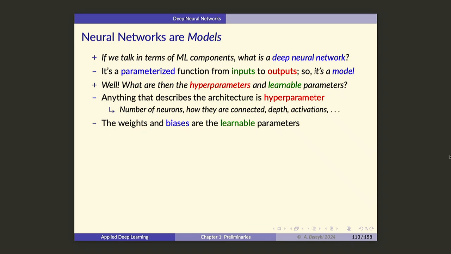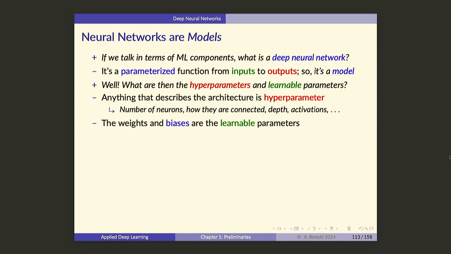What is the width, the number of neurons within every single layer? It's again your choice, so it's a hyperparameter, right? So these are now your hyperparameters: the number of neurons that you have, how you connect them together, the depth of that neural network, the kind of activations you are using. These are all hyperparameters that you're going to decide, based on probably your experience, before you start training that model.